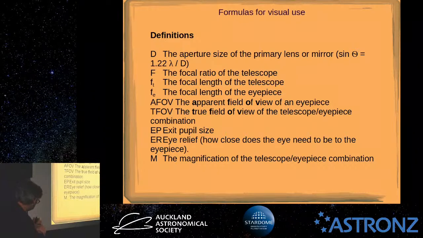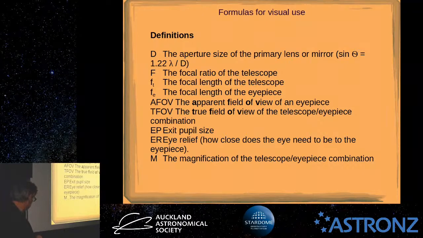Small ft is the focal length of the telescope, and fe is the focal length of the eyepiece. Then you've got apparent field of view, and true field of view, which is the actual amount of sky you see given that telescope and eyepiece combination.